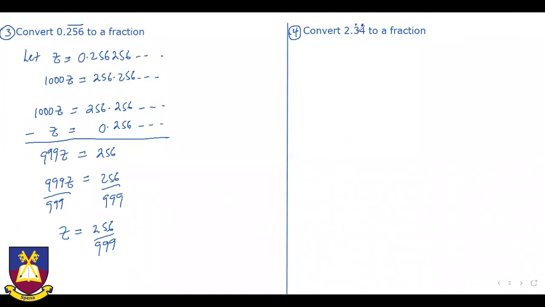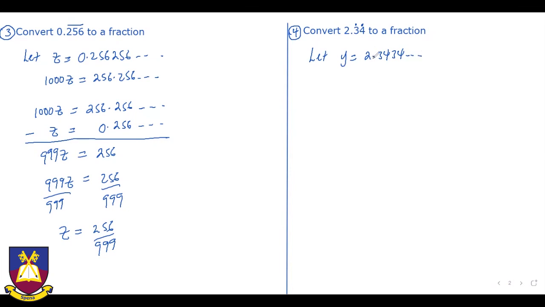Convert 2.34 recurring to a fraction. Now here we can see that this is recurring also because there are dots on top of these two numbers. So we have two numbers, 3 and 4, that are recurring. We shall start by still letting any letter y be 2.3434 recurring.